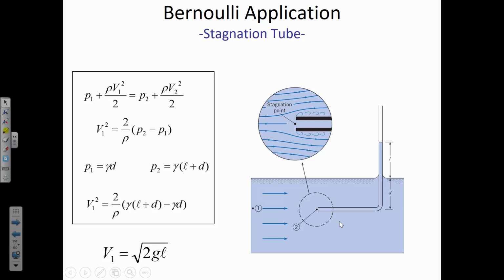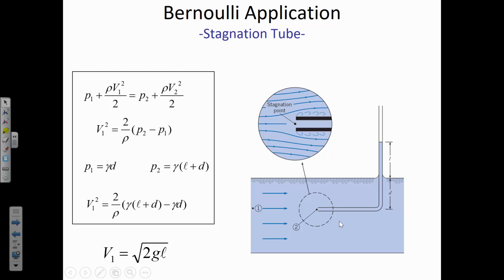And the flow is still just coming, oh, jeez, that's the best arrow I can draw, guys. All right, so the flow is still going this way. There's not going to be any rise in the water if the opening of the stagnation tube is just pointed down. It has to be pointed so that these streamlines dead end at the opening.